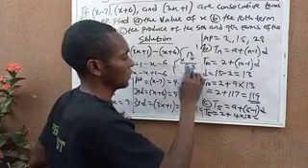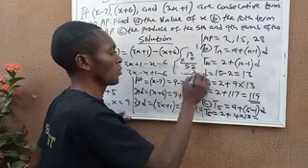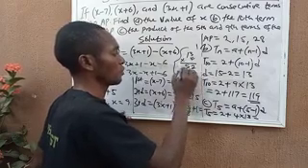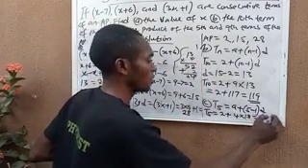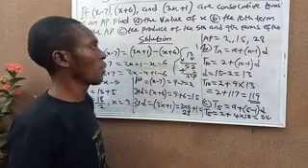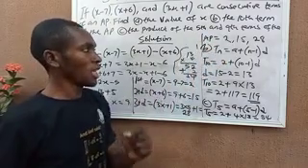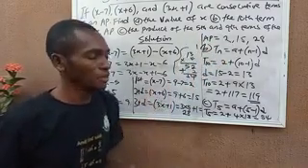So 4 times 13 is 52. 52 plus 2, we have 54. So our fifth term is 54. Now let's look for the ninth term, then we multiply.